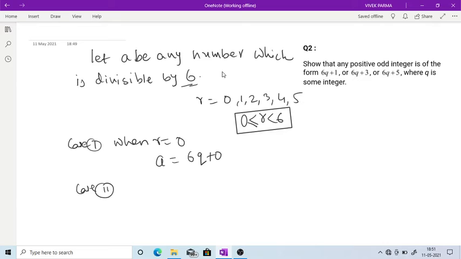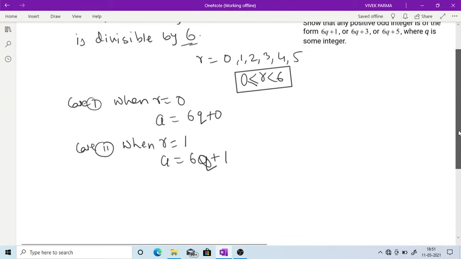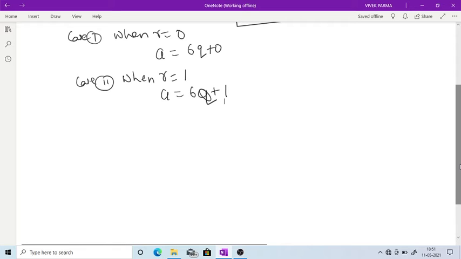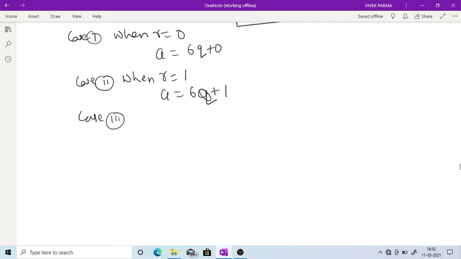For case 2, when remainder equals 1, we have a equals 6q plus 1, right? For case 3, when remainder equals 2, we have a equals 6q plus 2.